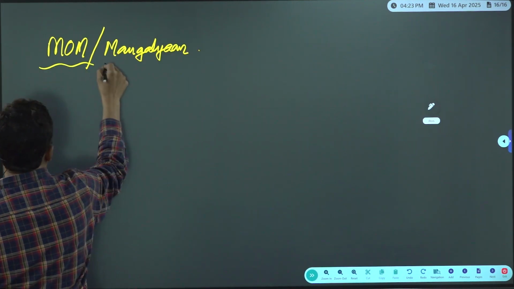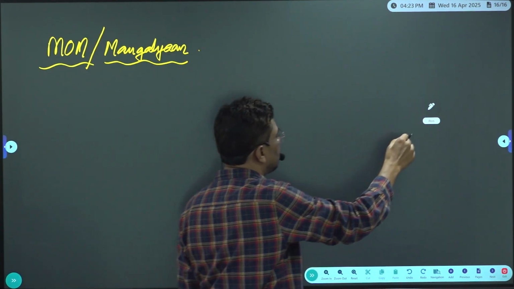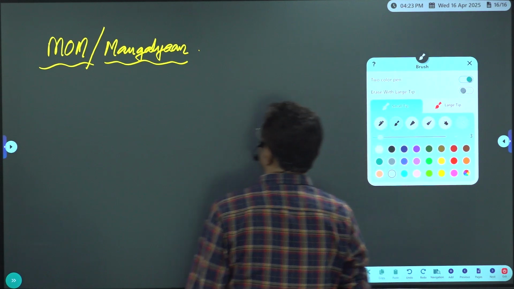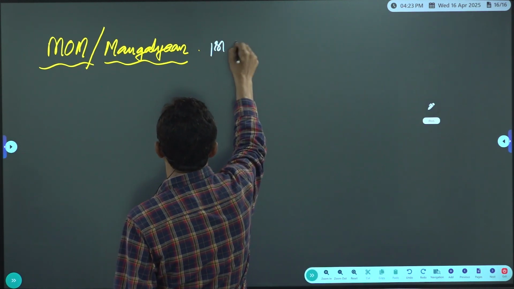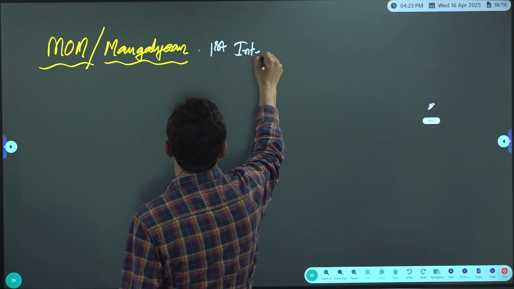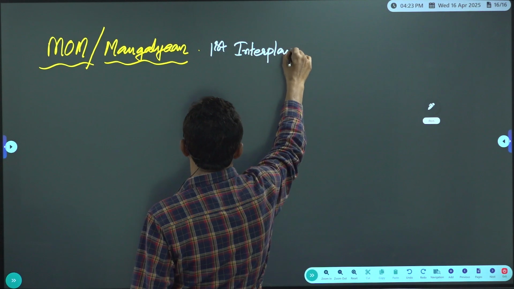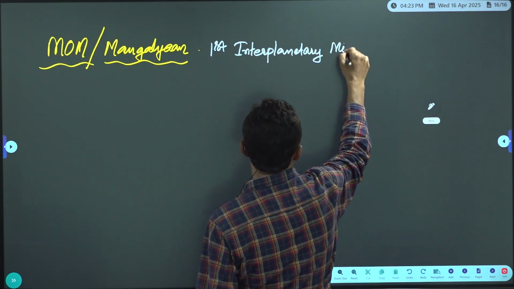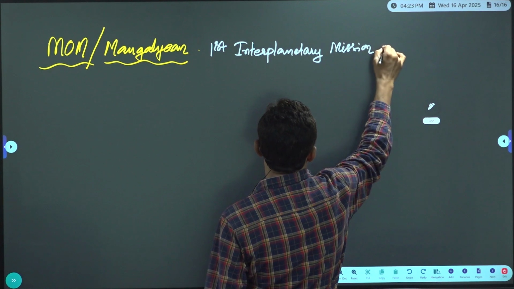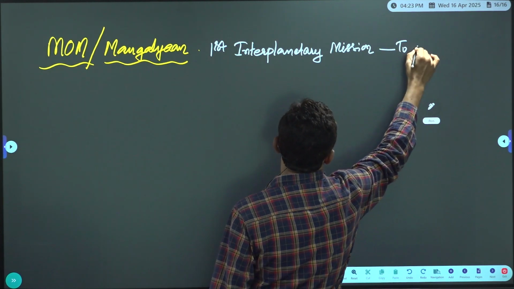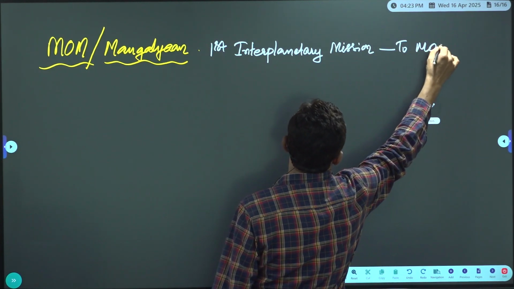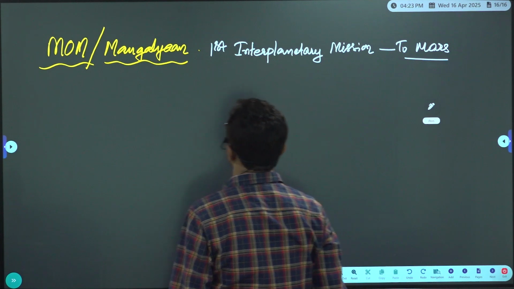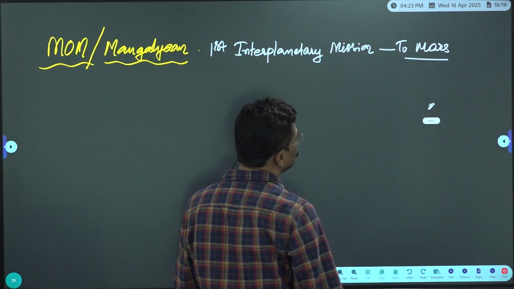That is Mars Orbiter Mission or Mangalyaan. It is India's first interplanetary mission to Mars.